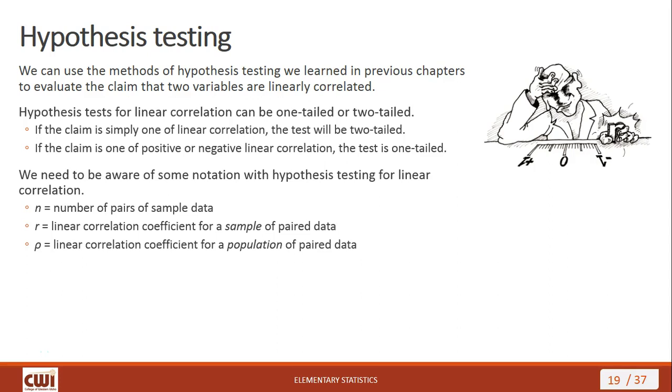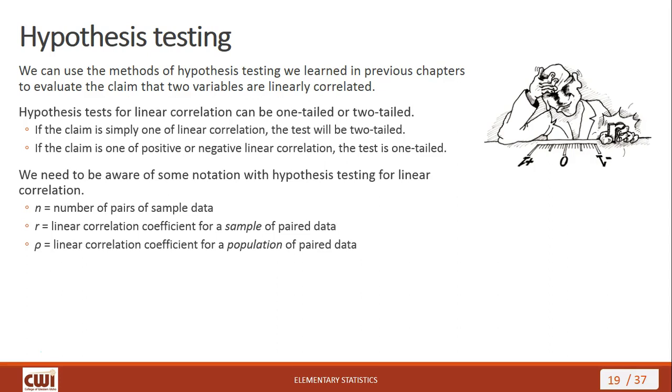Typically, we see the lowercase letter representing the sample and the uppercase letter representing the population. In this case, we're not going to use a capital letter R to represent the population linear correlation coefficient because, again, many sources use the capital letter R to represent the sample linear correlation coefficient.